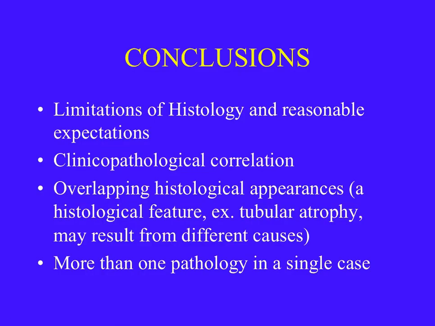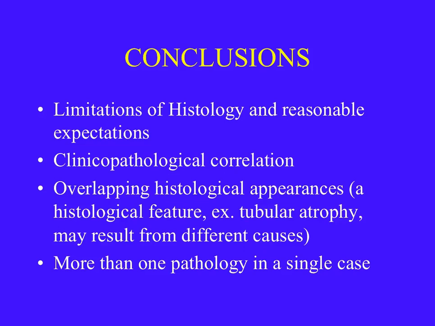In conclusion, the messages to take home are the following. Yes, histology has limitations, and your expectations for the pathologist should be reasonable. Clinical pathological correlation is crucial for the pathologist to be able to establish a diagnosis.